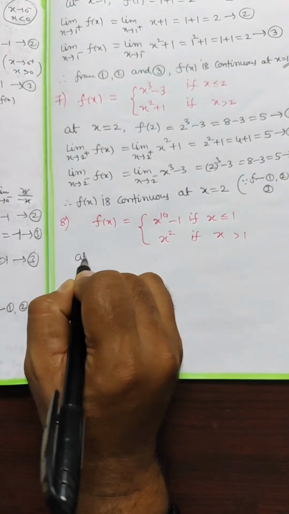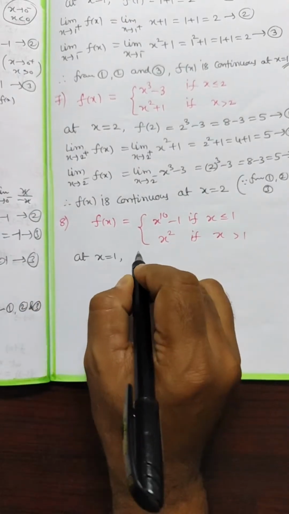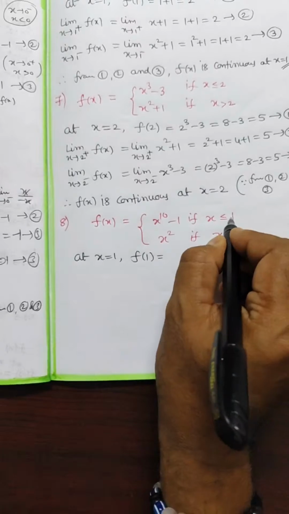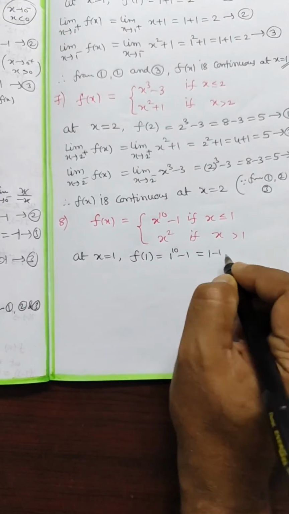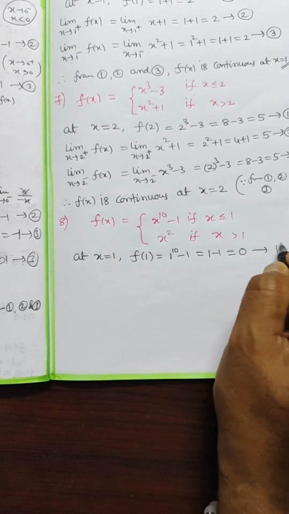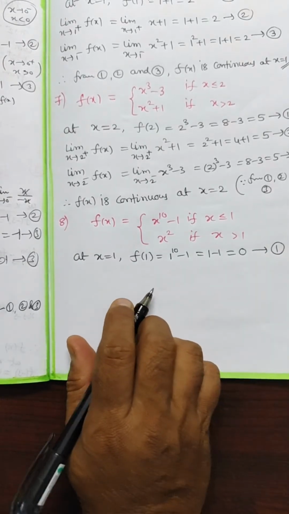So at x is equal to 1, f of 1 is equal to, x is equal to 1 means this function, dear students, 1 power 10 minus 1, 1 minus 1, which is equal to 0. Keep it as equation number 1.